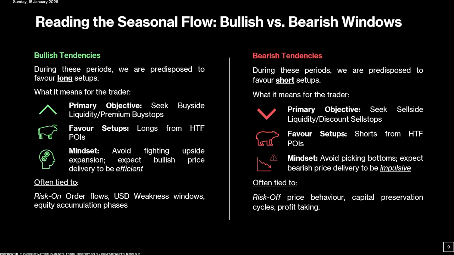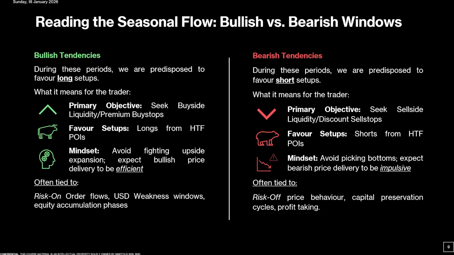The technical term for trying to fight a period where we're expecting bullish price delivery is that you're trying to fight strength, which is to say that you're trying to short a particular market when historically that market has time and time again statistically proven to deliver bullish price.